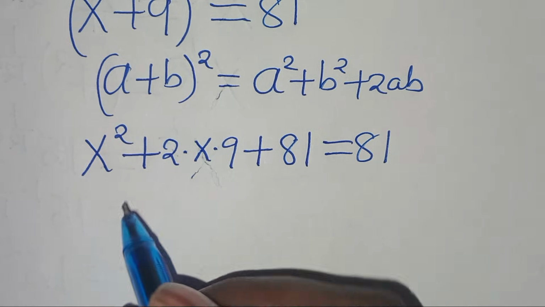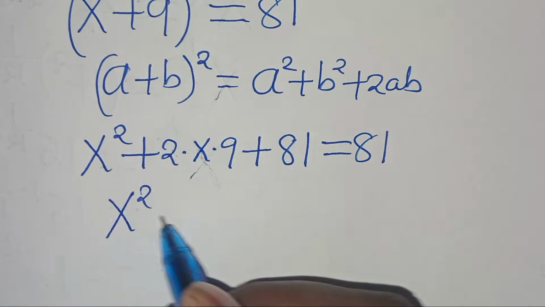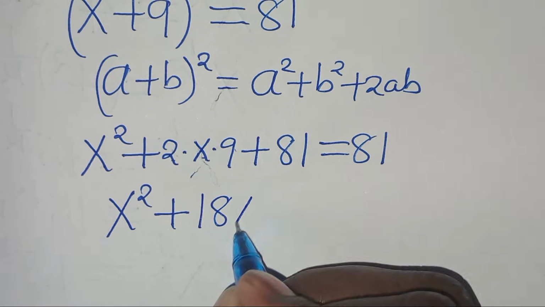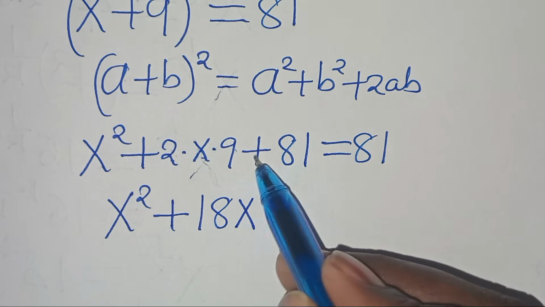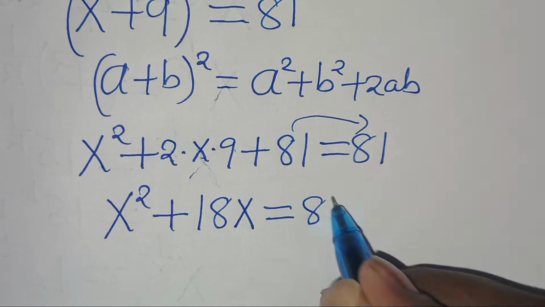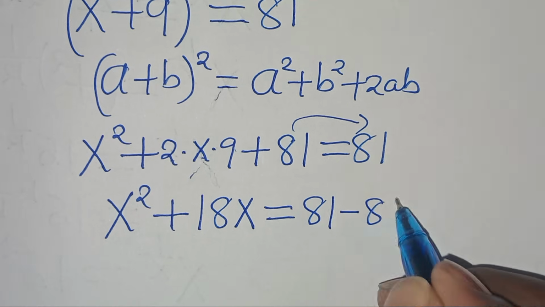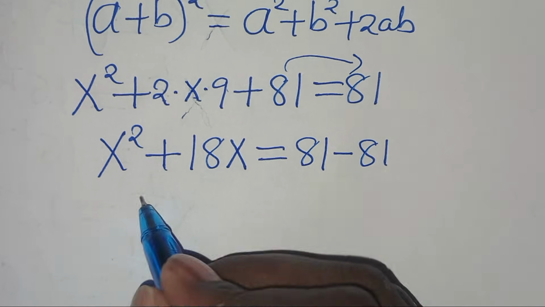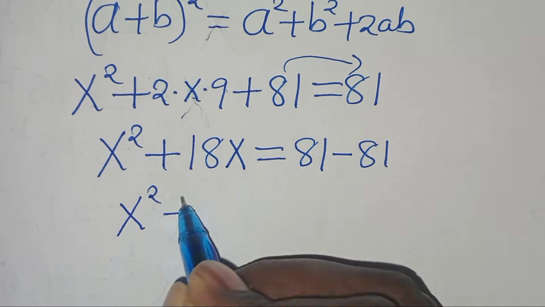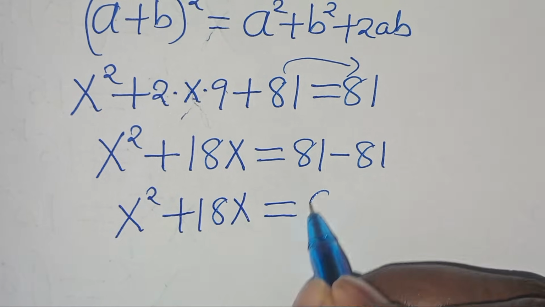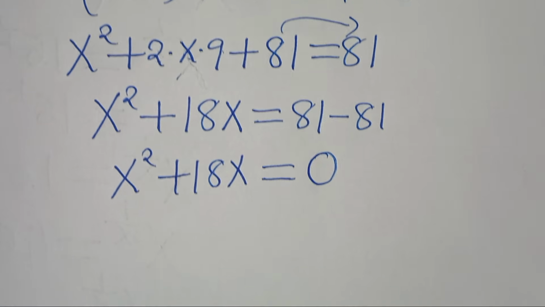So here we have x^2 + 2 times x times 9, which is 18x. Now, let's take plus 81 to the right hand side, so we have 81 minus 81. So x^2 + 18x is equal to 81 minus 81, which is equal to 0.